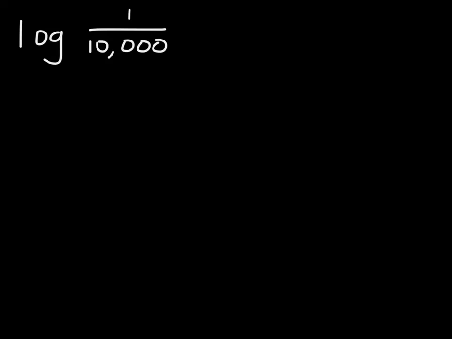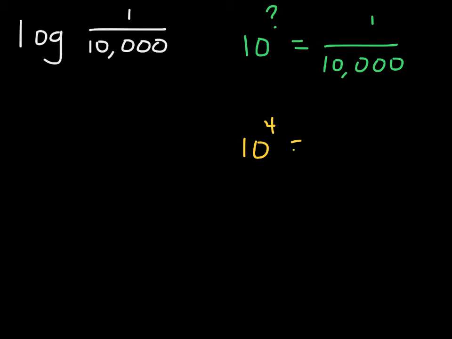Now we have log of 1 over 10,000. Now remember that the base is not written, so the base must be 10. 10 raised to some power will give me 1 over 10,000. What I know to be true is that 10 raised to the 4th power will be 10,000 because there are 4 zeros here.